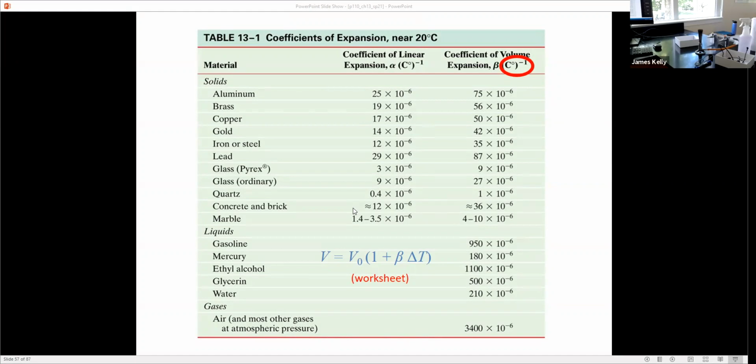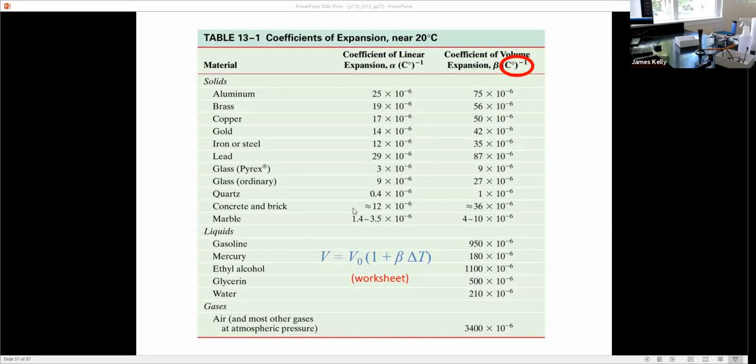But if the gasoline expands more than the steel, and in this case, we expect the void inside the steel tank to expand exactly the same amount as a solid steel object would, just based on that kind of picture I was showing you. So even though it's not a solid steel tank, we can assume that the volume inside is going to expand the same way as a solid steel tank would.